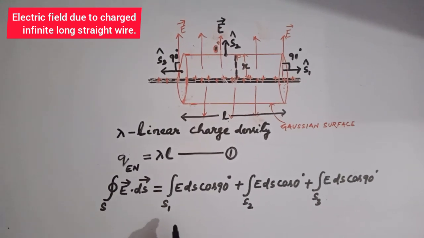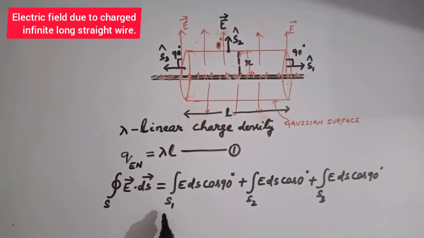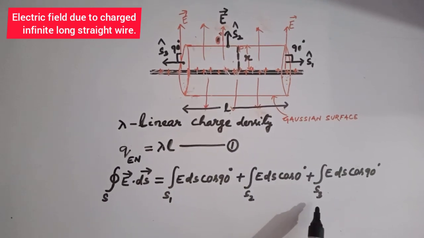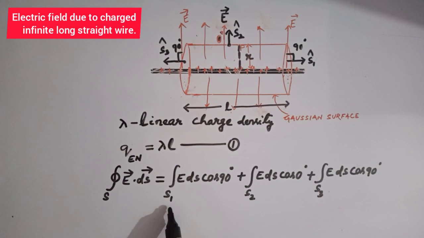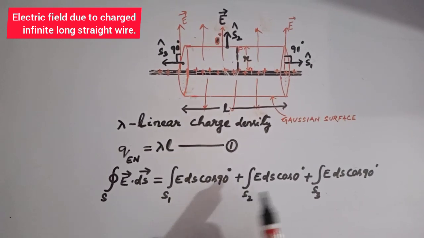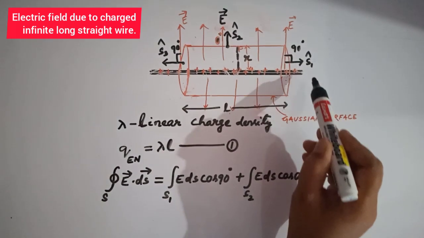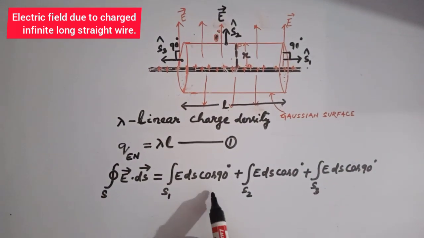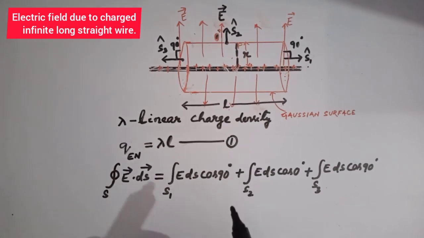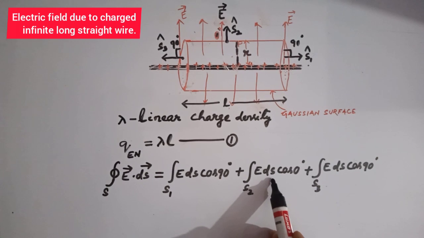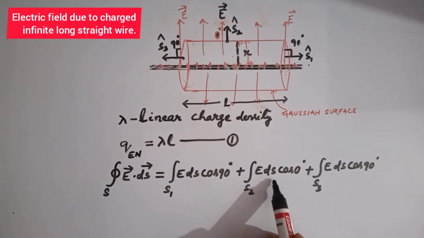Now E dot ds is equal to E ds cos theta. It is applied to these three surfaces. For the surface S1, it is E ds cos 90. The angle between the electric field and the area vector S1 is 90 degrees. For the curved surface, at every point the electric field is along the area vector.